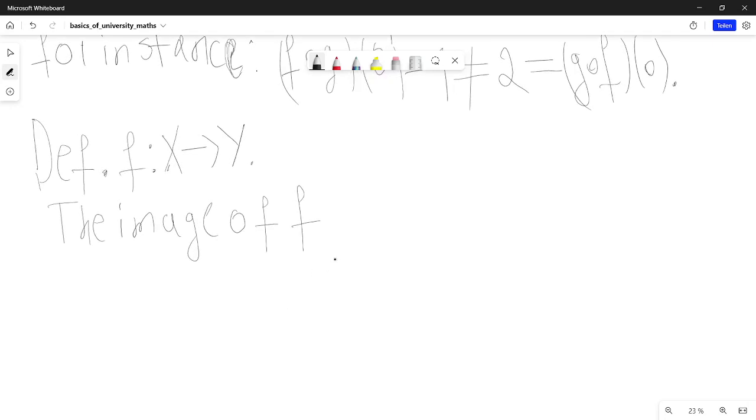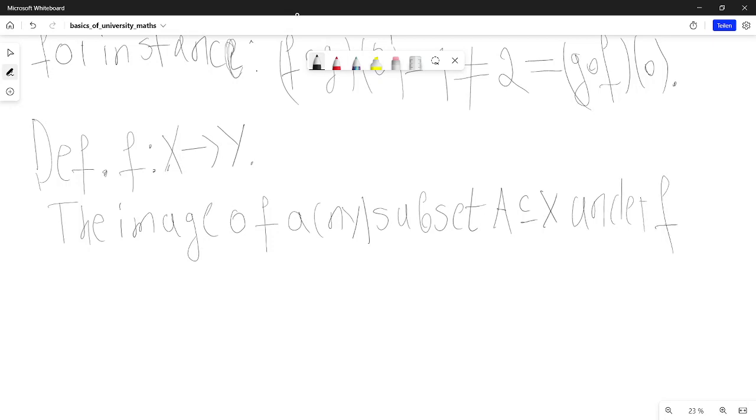The image of a subset A of X, and of course that means any subset A of X, under F is, and that is a definition. No, I didn't like that.